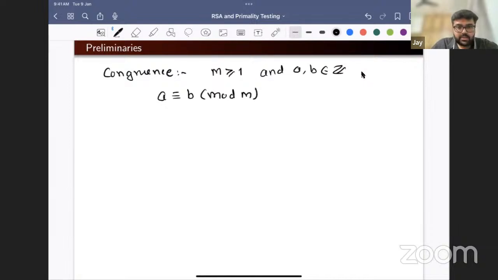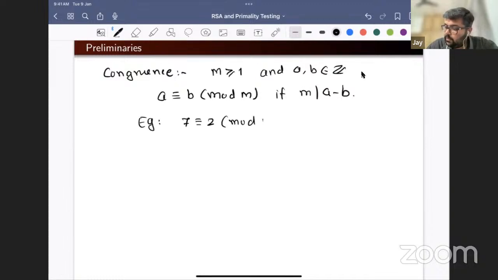We write it like this, and we speak a is congruent to b mod m if m divides a minus b. So for example, 7 is congruent to 2 mod 5, right? Or 7 is congruent to 12 mod 5 or 17 mod 5, right? Because 5 divides the difference.